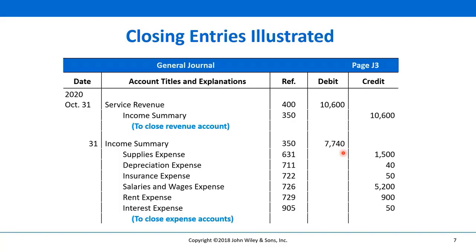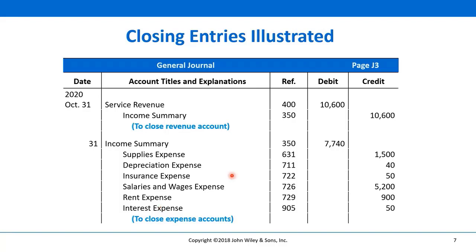Suppose supplies expense has a debit balance of 1500, depreciation expense has a debit balance of 40, insurance expense has a debit balance of 50, and salaries expense has a debit balance of 5200. We have 6 different expense accounts, and we want to close all of them.